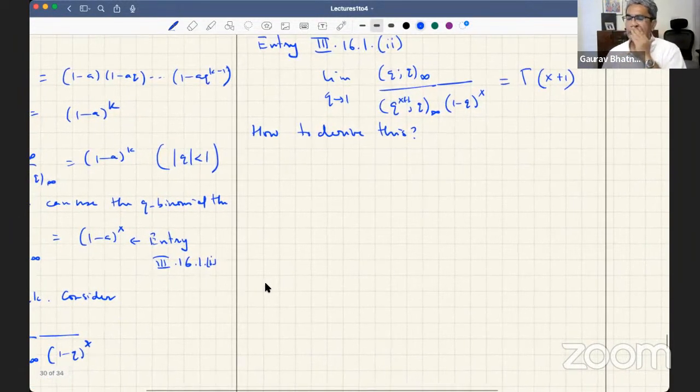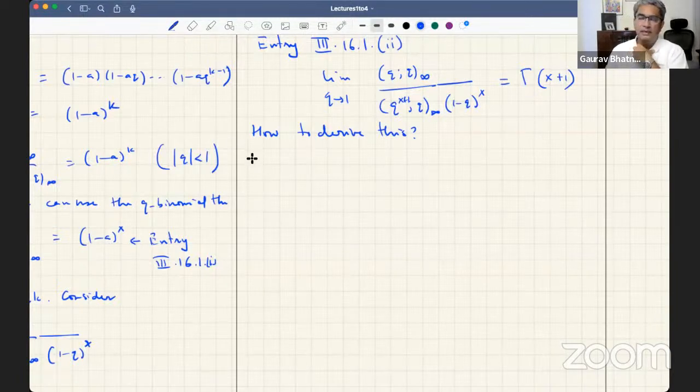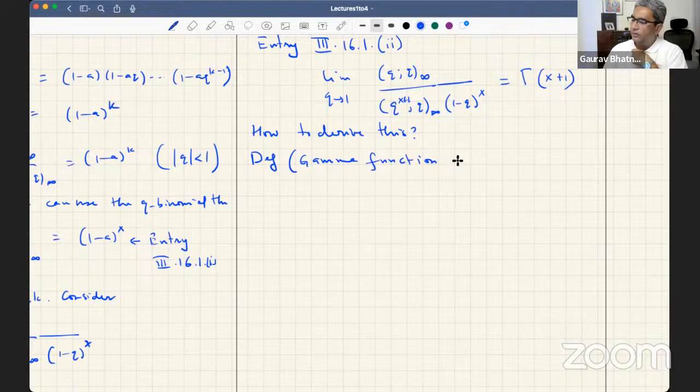Well, there are multiple ways, but this is something which we will need later in this approach. But let me define the gamma function, the Euler limit definition. This is also a common definition used in special functions, and certainly Ramanujan was aware of it.